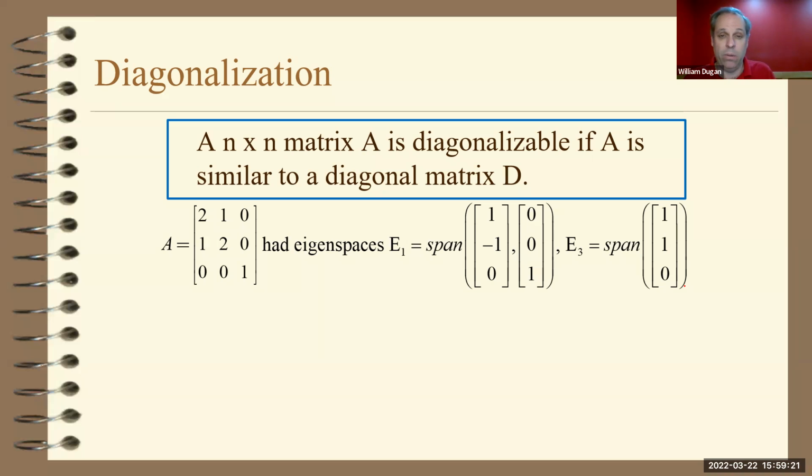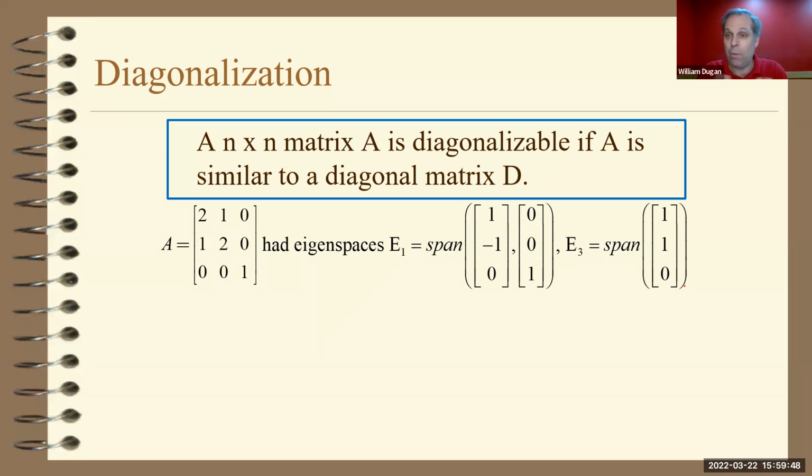The eigenspace E1 was spanned by 2 vectors, and the eigenspace E3 was spanned by 1 vector. These 3 vectors actually are linearly independent. Now, why do we know that? Because of a theorem we did before. If you remember, taking a bunch of vectors linearly independent in one eigenspace, and a bunch of vectors in the other eigenspace, if these are separately linearly independent, when you put them together, they're automatically linearly independent.